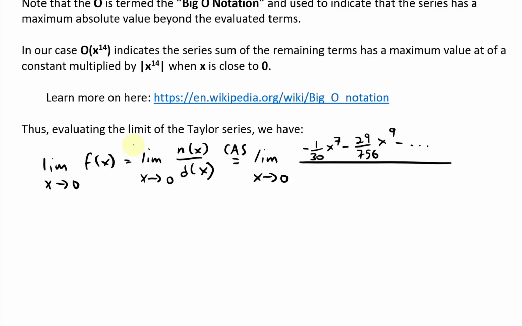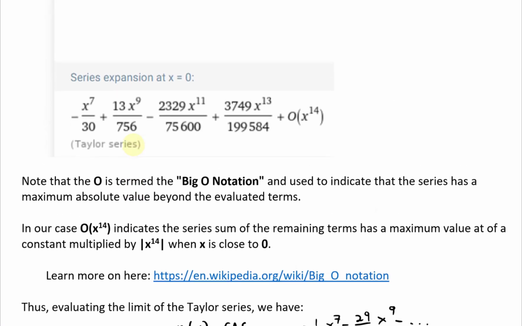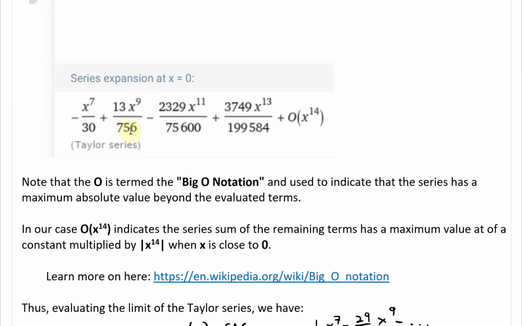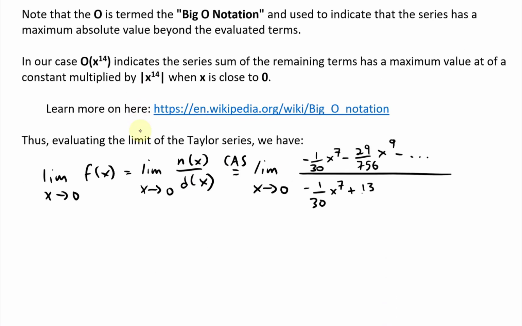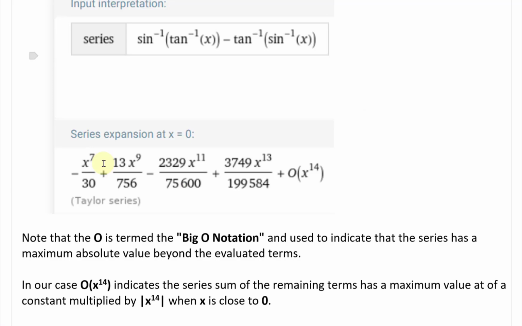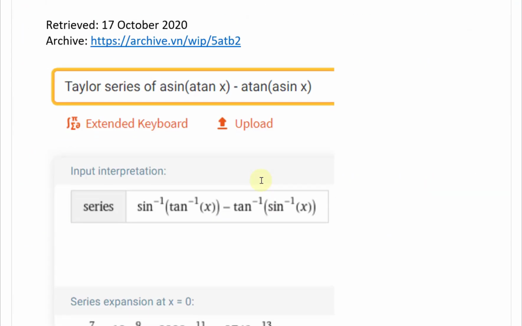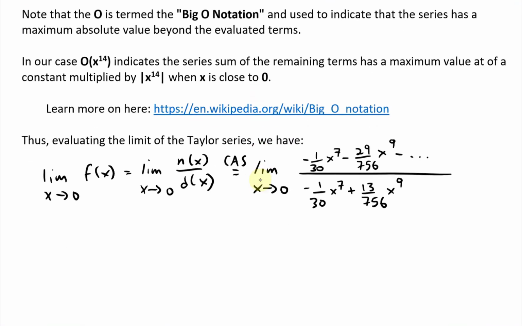That's all that matters. And the next one, remember the first term's the same, negative 1 over 30 x^7, and then plus, because it's alternating, 13 over 756 x^9. Then the powers go 9, 11, 13, etc. It's going to be alternating, negative, plus, dot dot dot.